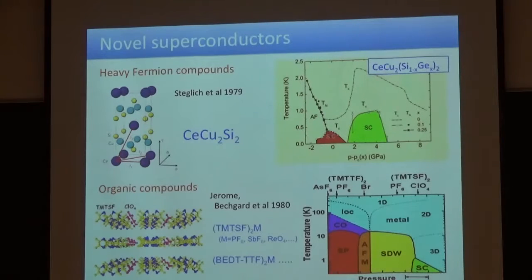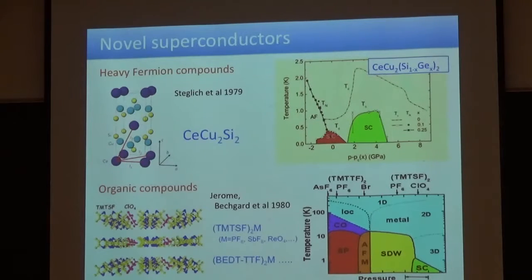And so let me just have a little bit of a look at these novel superconductors. I mentioned heavy fermions and organic, so here I have two examples. The heavy fermion materials are intermetallic compounds containing rare earth ions. For example, here it is cerium copper 2 silicon 2. This is the cerium. It has a 1 4f electron, and so it is forming an almost localized Fermi liquid through some Kondo type of physics.